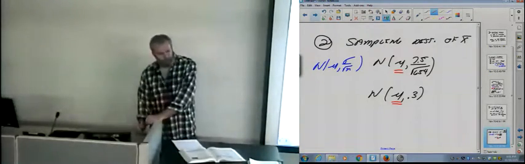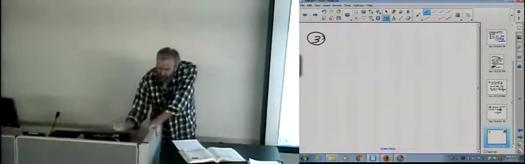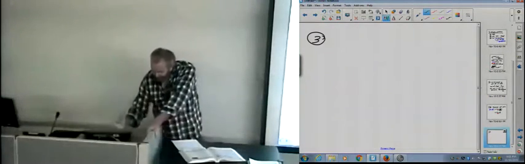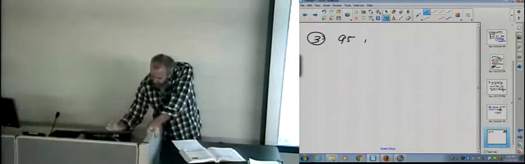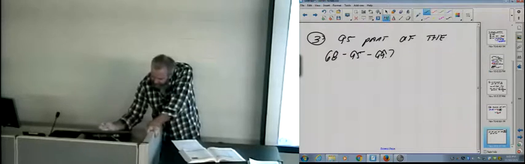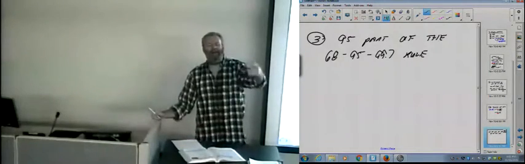That's number 2. Okay? Number 3. You remember the 95 part of the 68, 95, 99.7 rule all the way back to chapter 3? Remember, all normal distributions satisfy this.